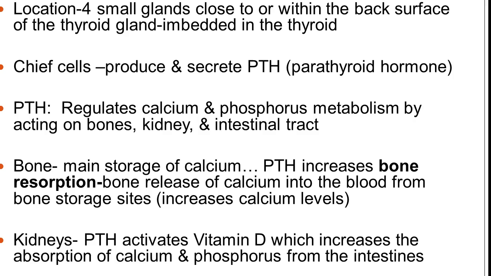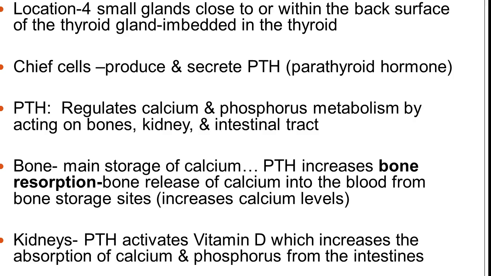And this is why your patients who have chronic renal failure, with their kidneys not functioning correctly, PTH will not have an effect, at least a positive effect, and that's why our patients with chronic renal failure have so many problems with phosphorus levels and calcium levels, and we'll talk about that when we get to the renal system.